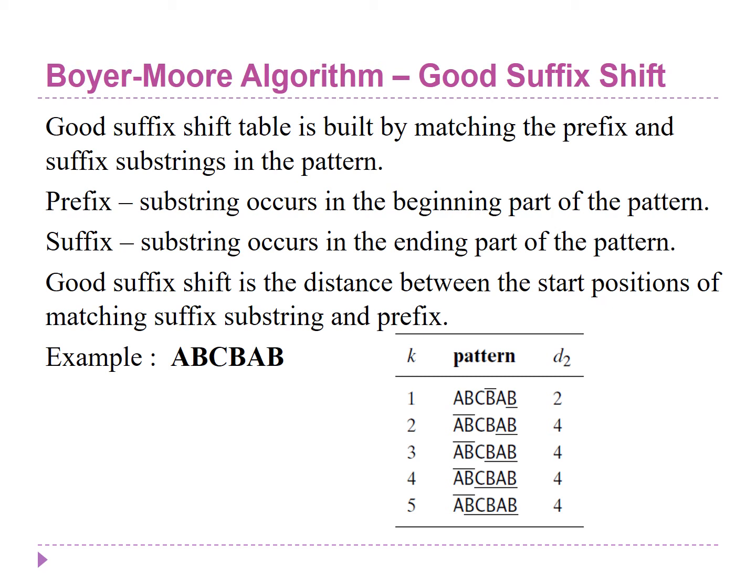Hence, the good suffix shift equals 4. Considering the suffix BAB starting at position 4 does not find a match of prefix for the entire suffix, but a substring of the suffix, which is AB, matches a prefix at position 1. Hence, the good suffix shift equals 4.